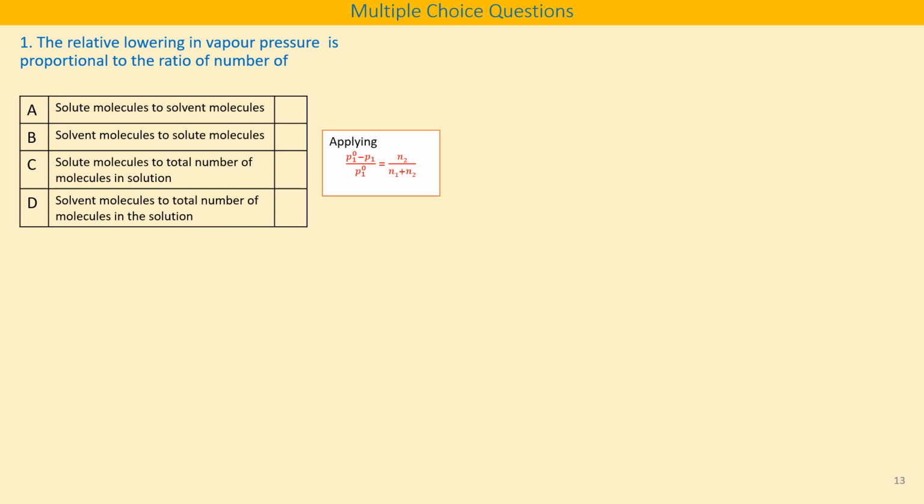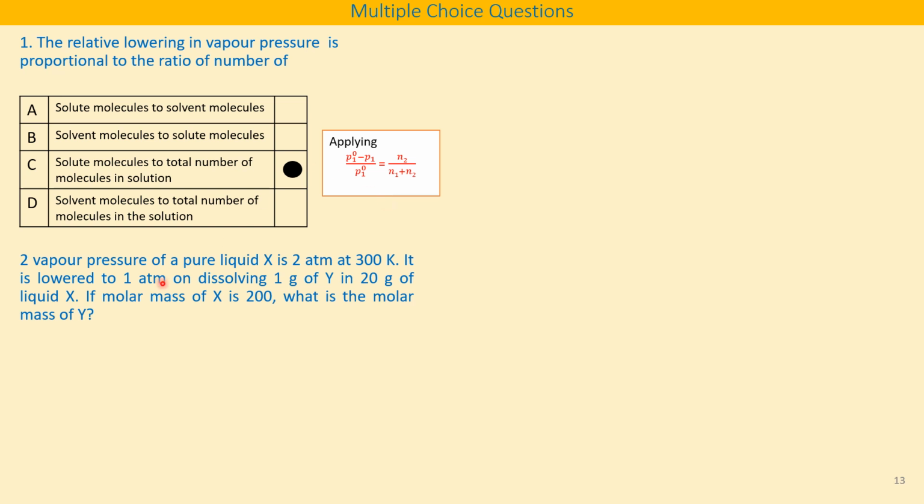So, we know from this formula it is the ratio of number of molecules to the total number of molecules. Total number of molecules is N1 plus N2, so N2 divided by N1 plus N2. So, option C is the correct answer.